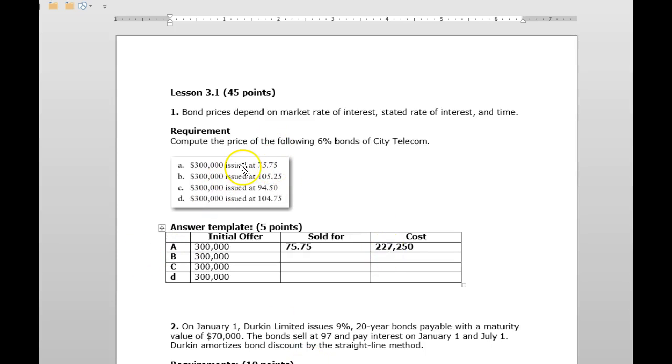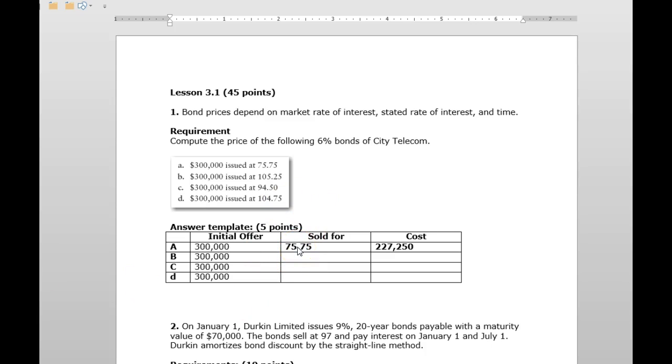So if it's selling for 75.75, you're simply going to multiply 300,000 times 75.75. Same thing when it is issued at 105.25. Multiply 300,000 by this 105.25, and you have the price of the bond.